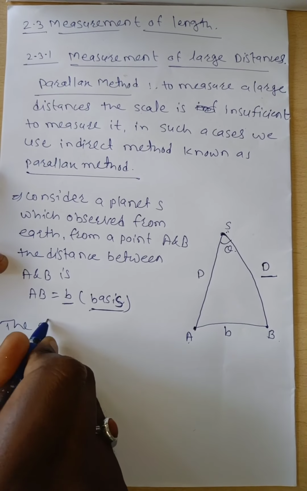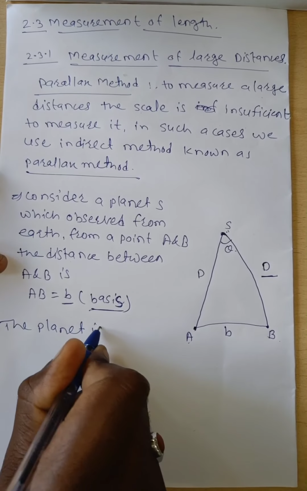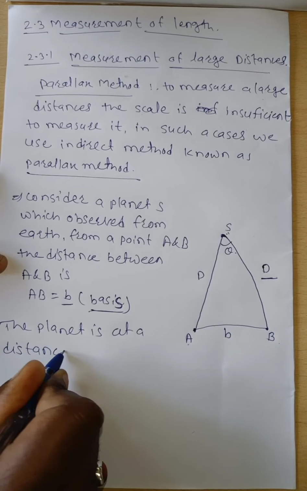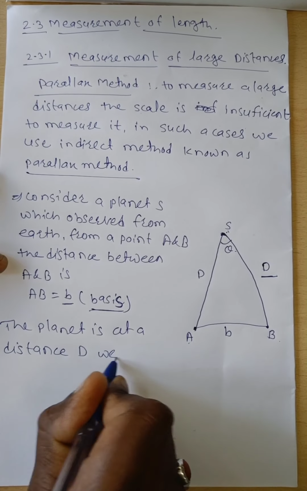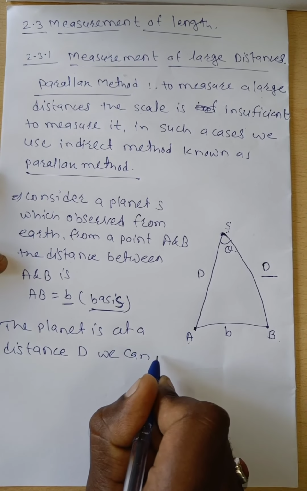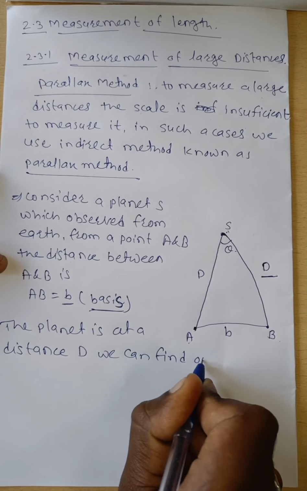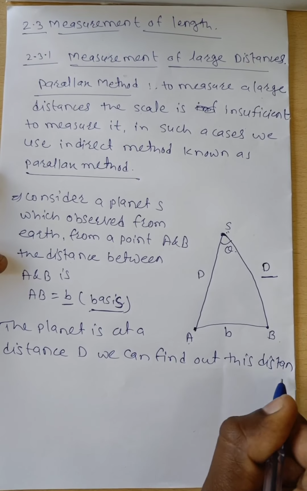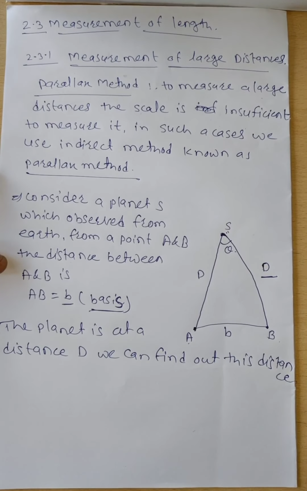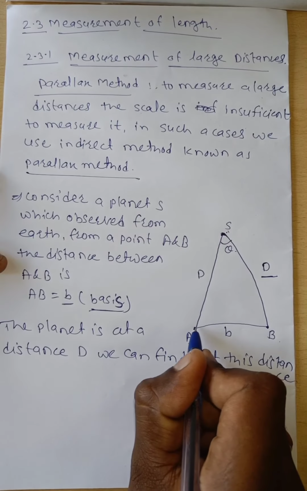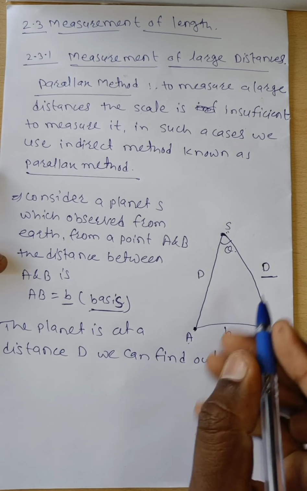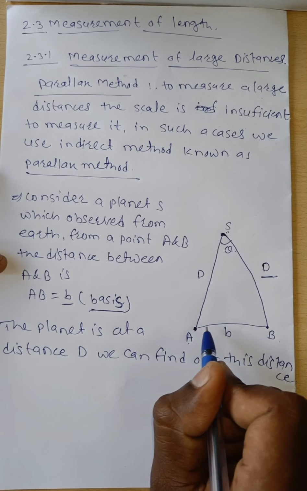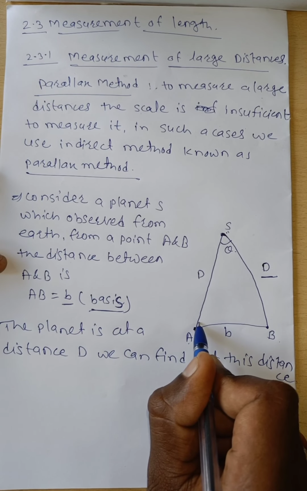The planet is at a distance D. We can find out this distance. If you observe the planet S from the Earth's surface, then we can easily find this angle.